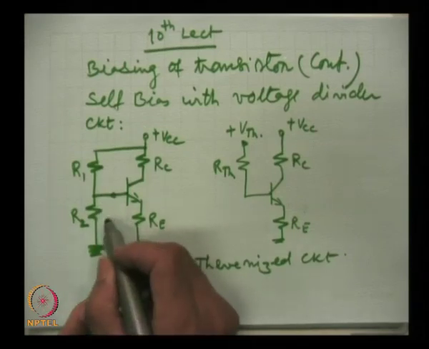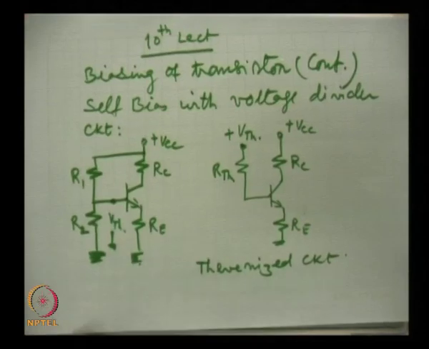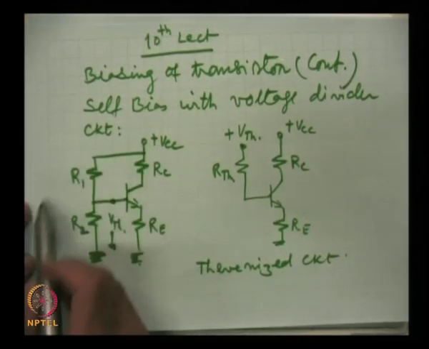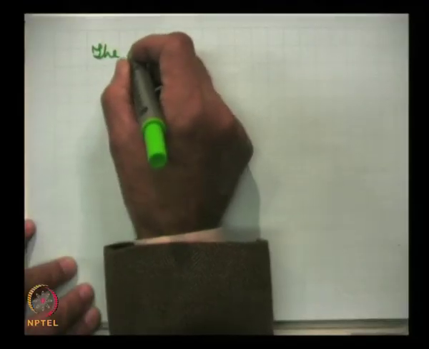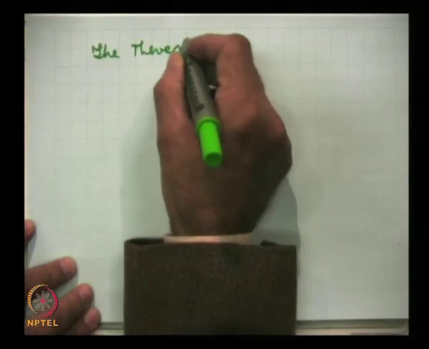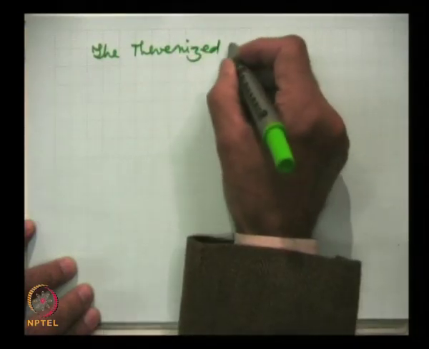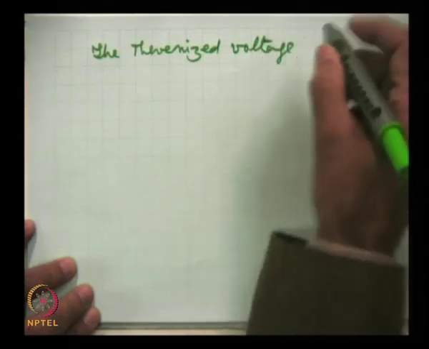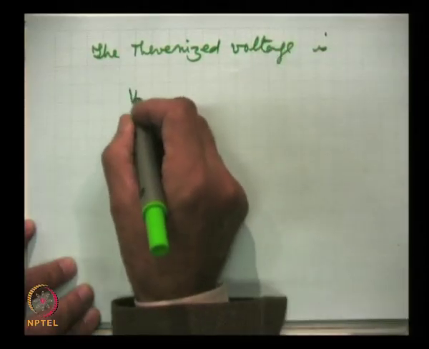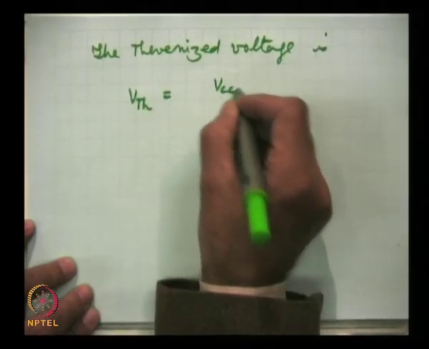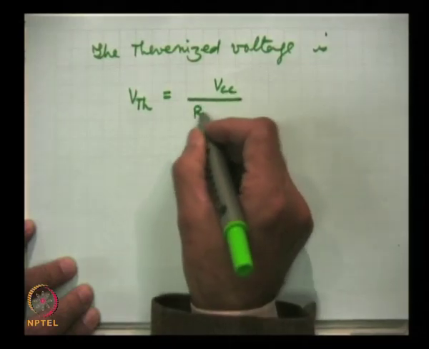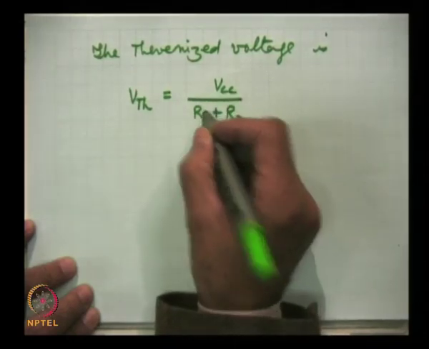This is the Thevenized voltage VTH, and if we complete this circuit here, this is VCC, then we know that this Thevenized voltage will be VTH.